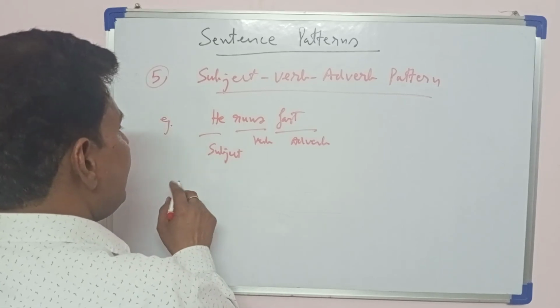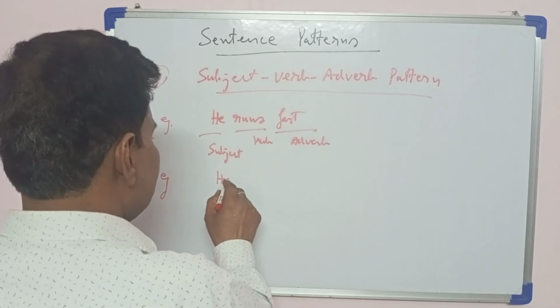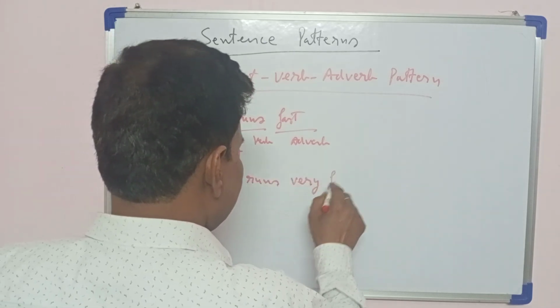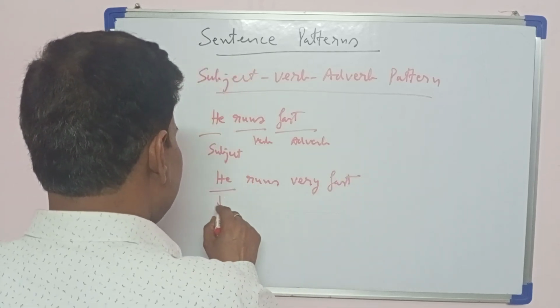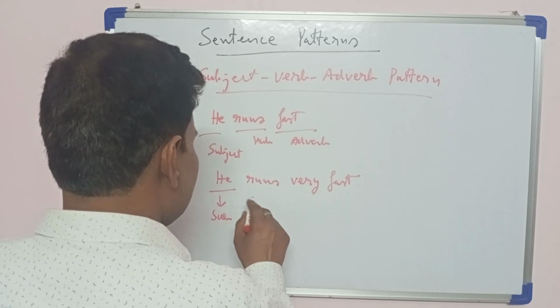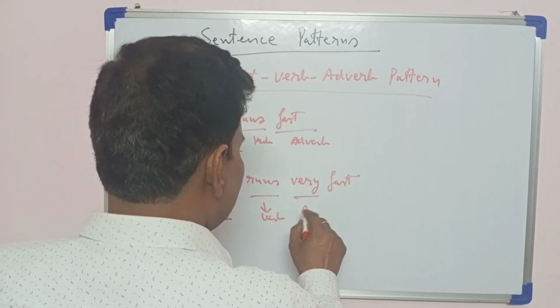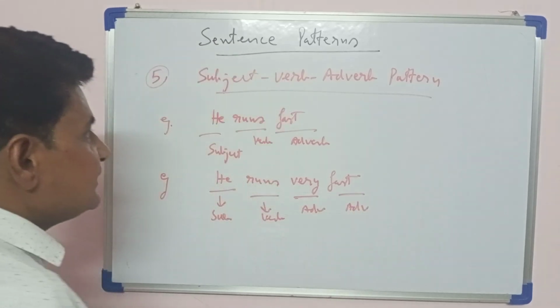Example. He runs very fast. So here you can see subject, verb, adverb, and this is another adverb. There are two adverbs in this.